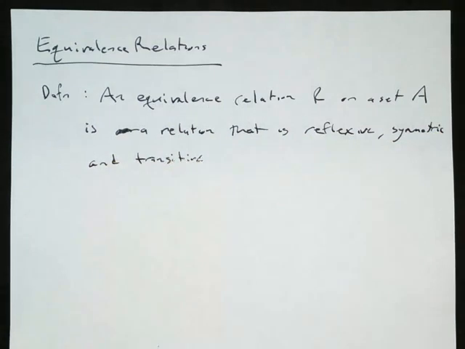I want an equivalence relation to be defined as any relation on a set, so that's from A to A, that is all three: reflexive, symmetric, and transitive. So what kind of things have these properties?